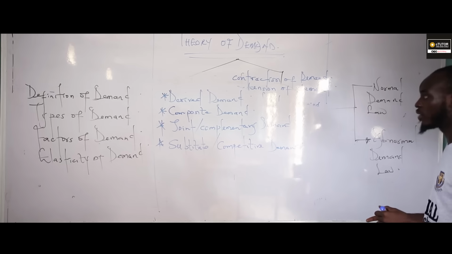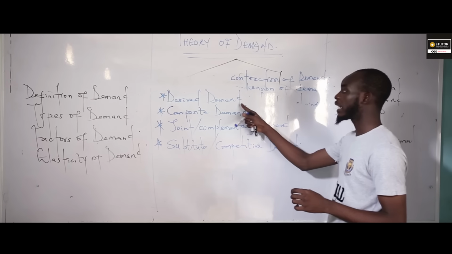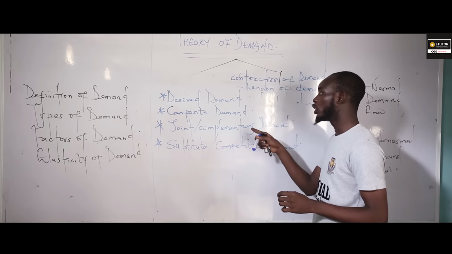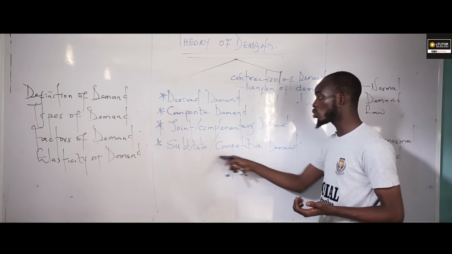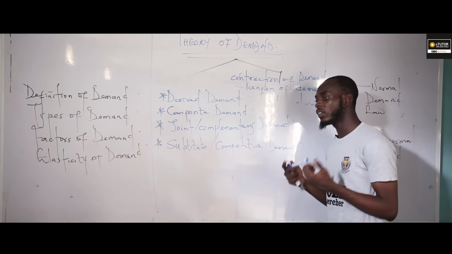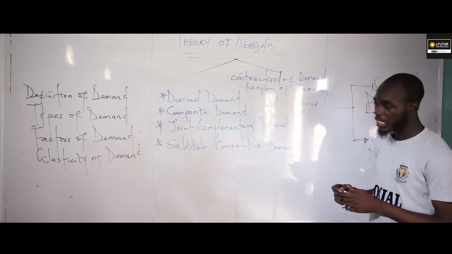So these are the four types of demand we have. Let's take it one by one.